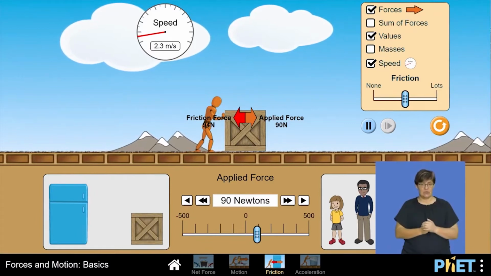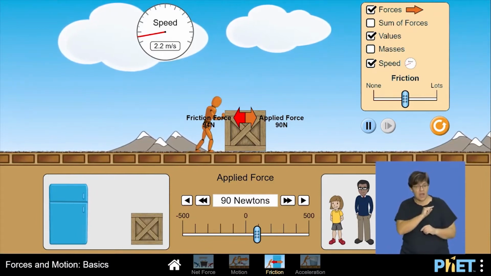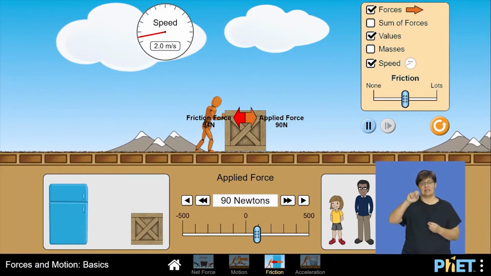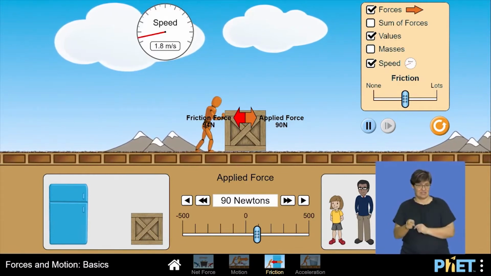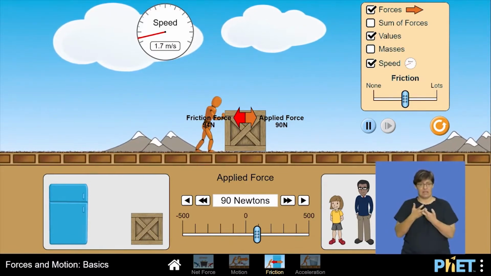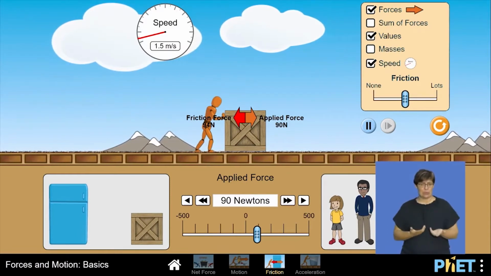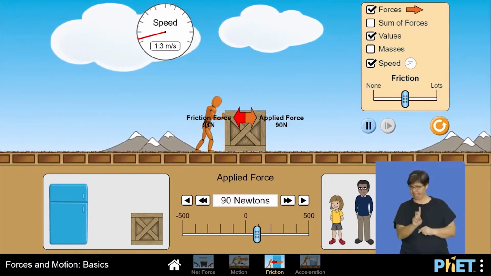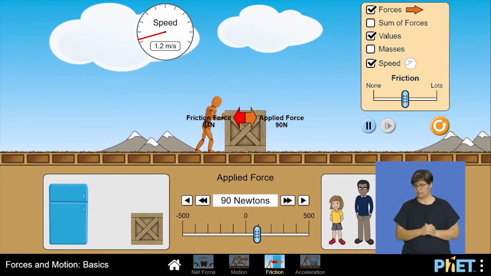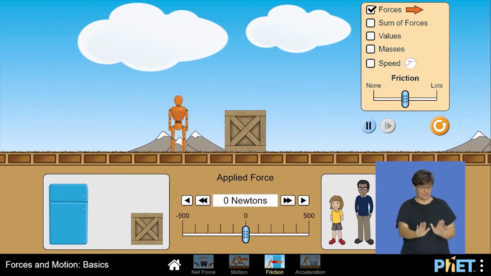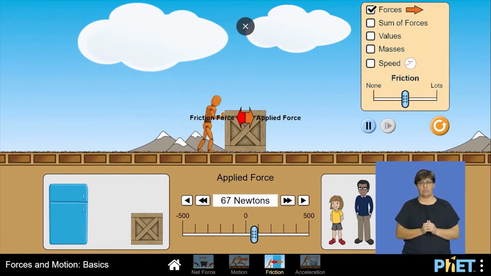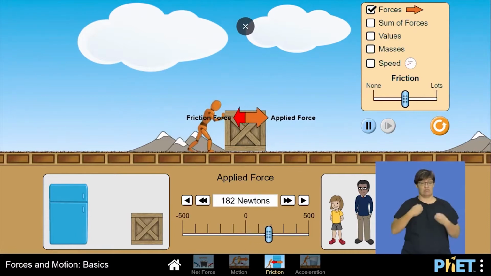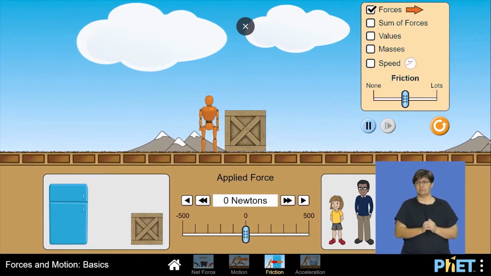It's moving. Because it's moving, we now have kinetic friction. But kinetic friction doesn't match the applied force. So now we've got to look at something different, all right? So let's just reset this, okay? And we know that the original force here, no, that's too far. Let's reset again.